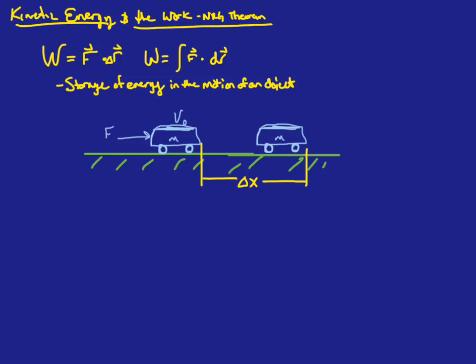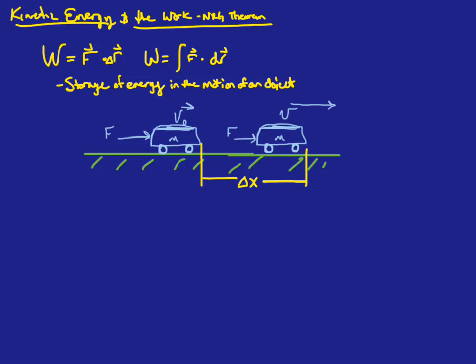And we continue to exert a force on this. But now, after it has traveled a distance x, we've pushed this cart for a certain distance x with a certain force F. We now have a new velocity, v. That's the new v, and it is longer because we have imparted energy that is stored in the motion of the object.